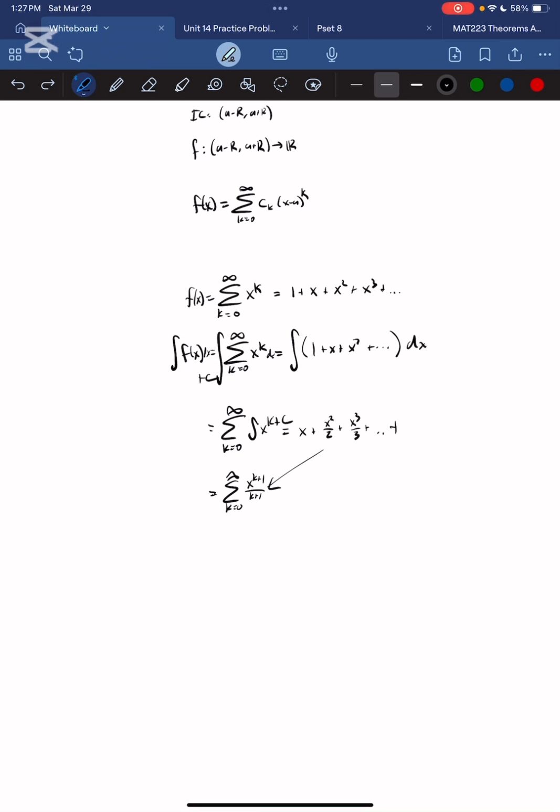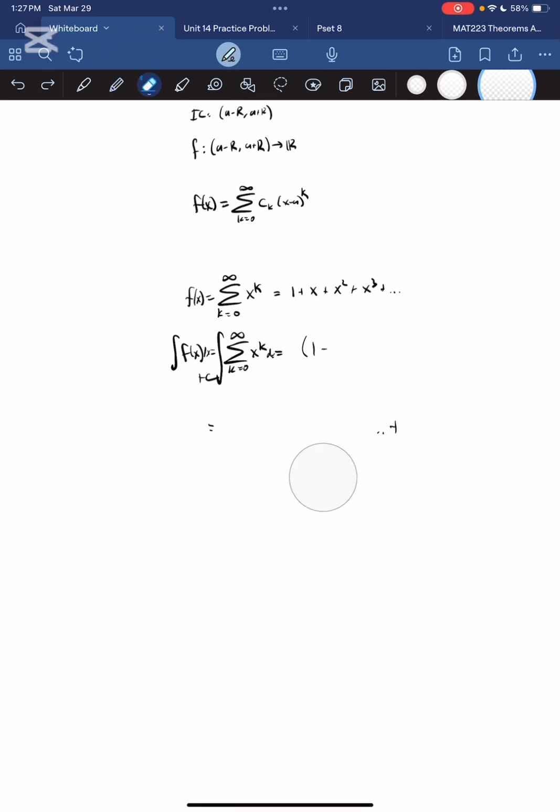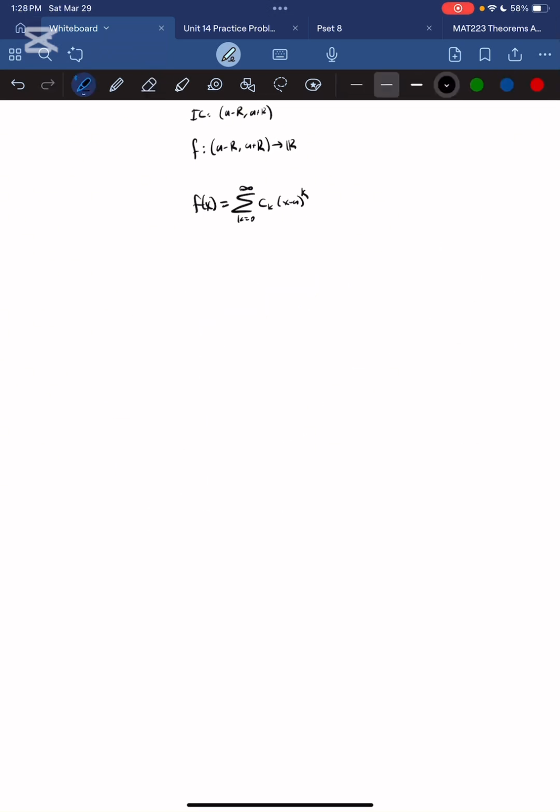The endpoints misbehave. I'll give you an example of a power series whose interval of convergence is different from that of its derivative.